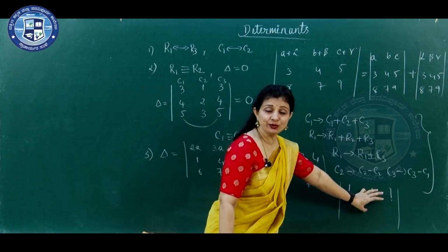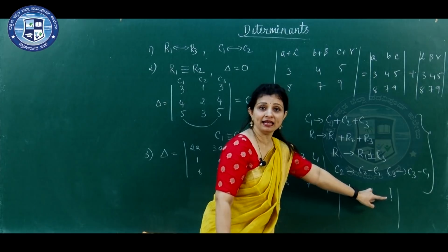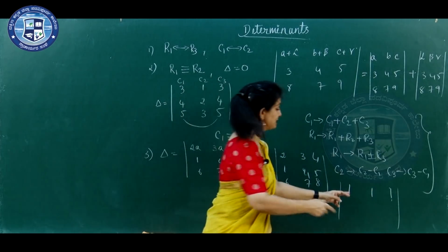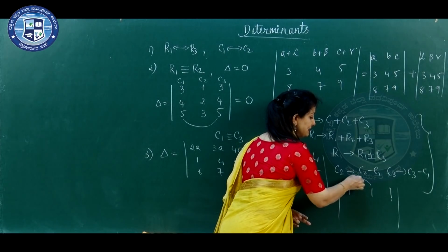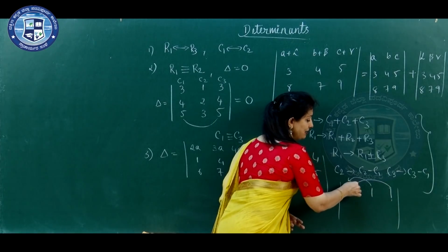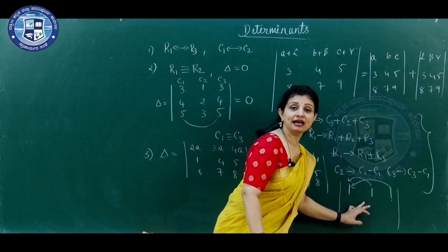Once you get any row or any column, each element as 1, it is possible to make two zeros. For example, you can subtract in this way C2 minus C1, 1 minus 1 we get 0, even C3 minus C1 if you do, you will get the answer as 0.